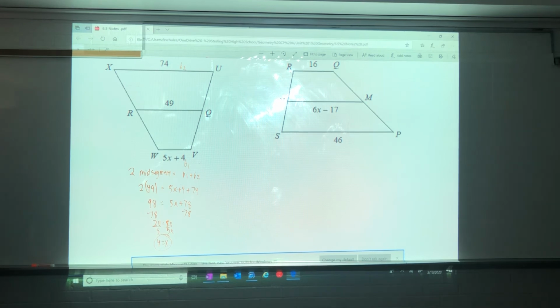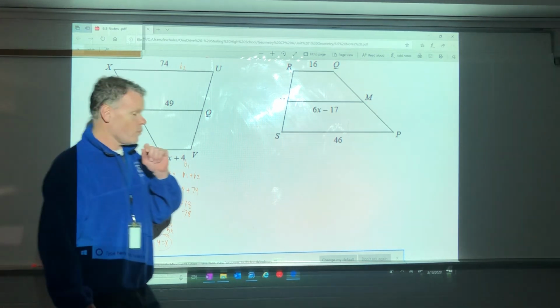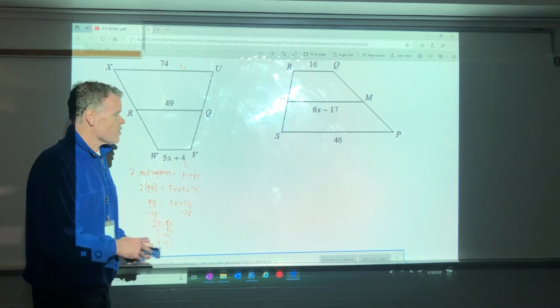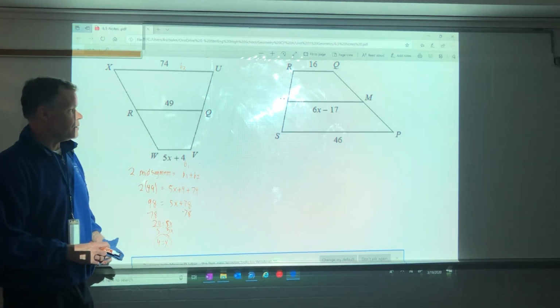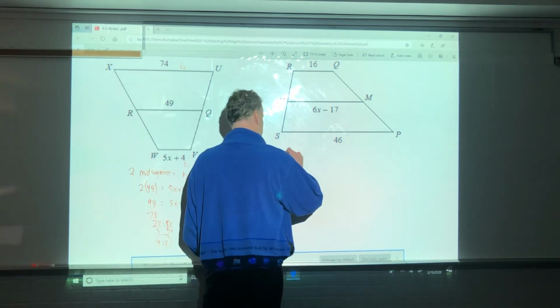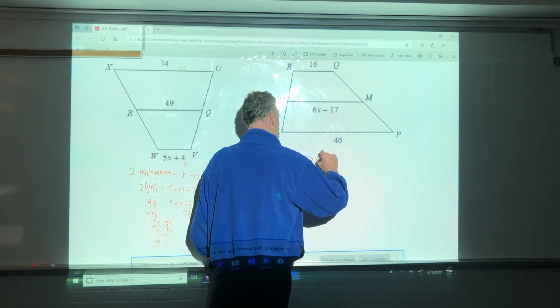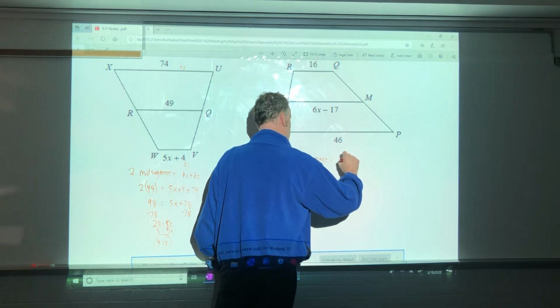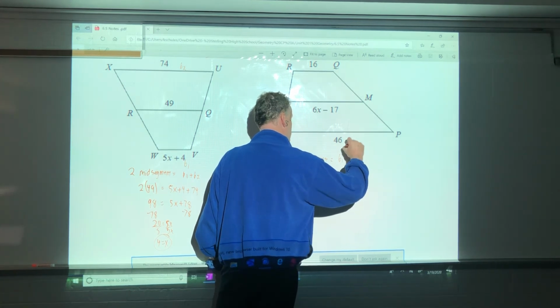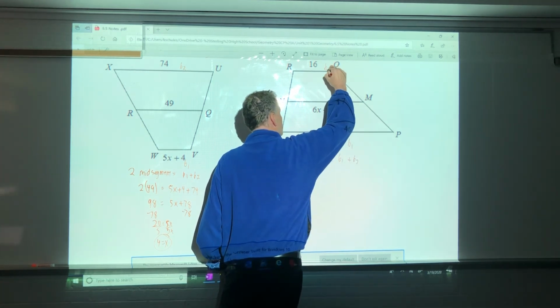Now, on this next one, and you'll remember this from when we had our triangles and the mid-segment. 2 times your mid-segment equals base 1 plus base 2.